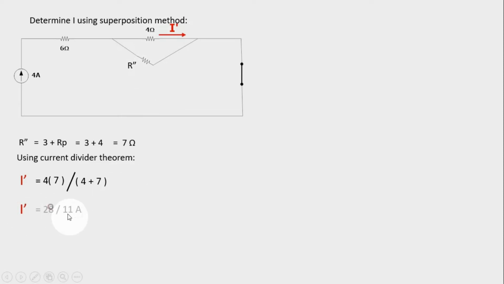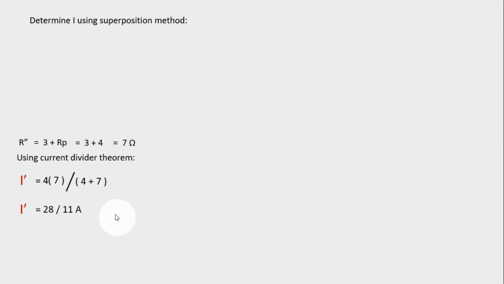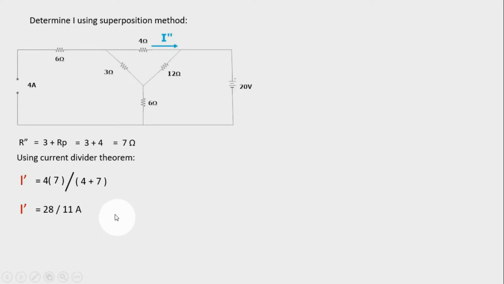So I prime is equal to 28 over 11 ampere. So again, we have the value for I prime, so we are now getting I double prime.